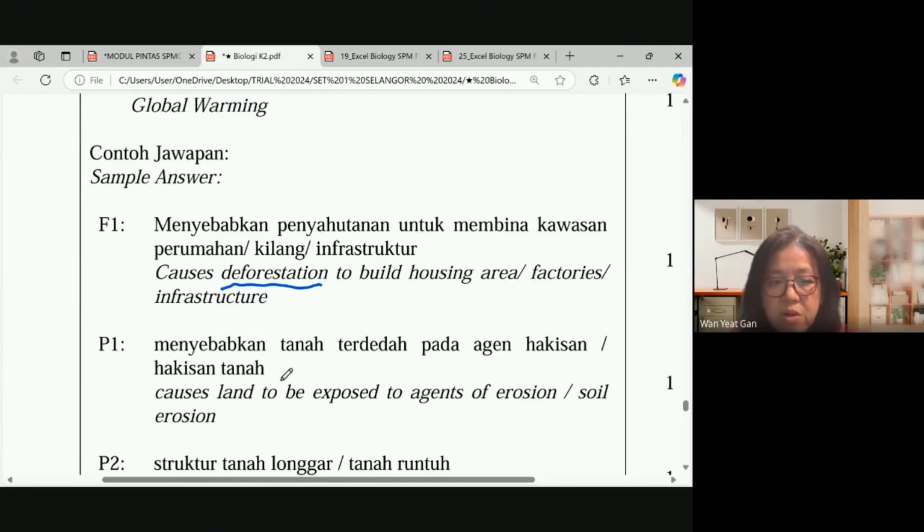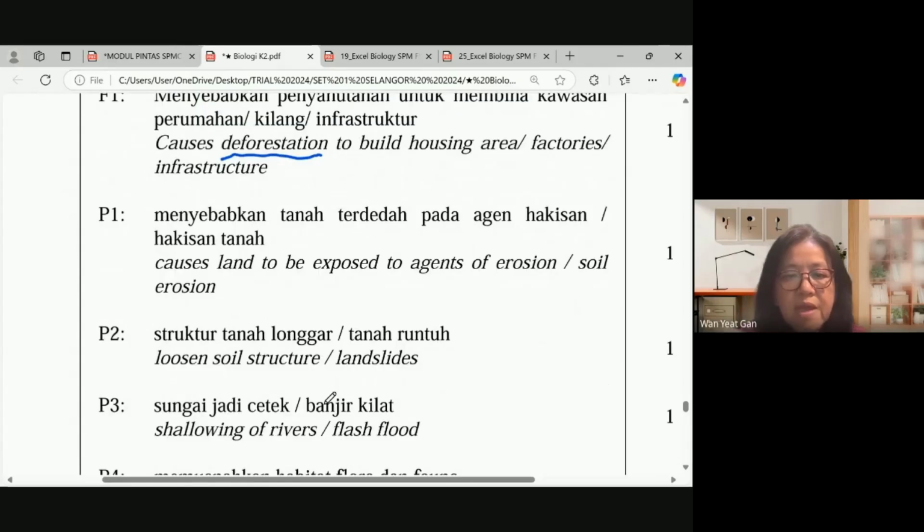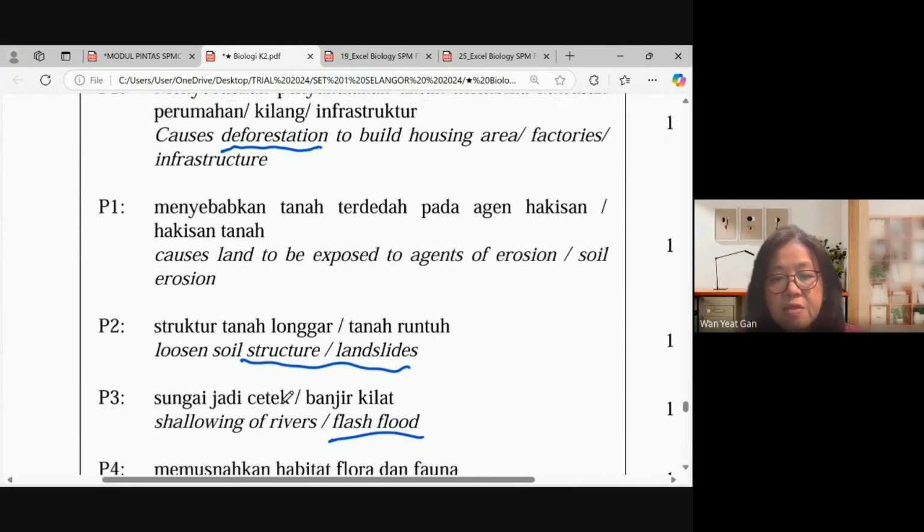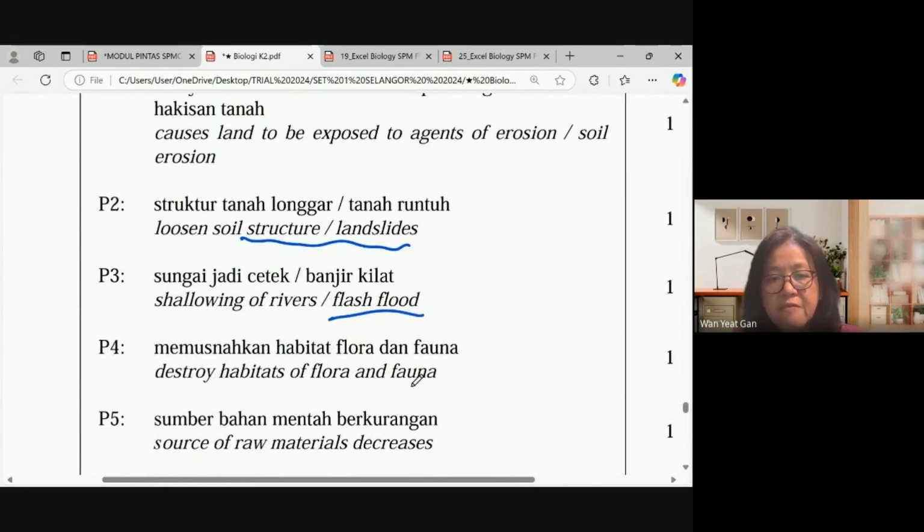So when you cut down trees, we look at the whole aspect of all the impact or effects of deforestation. Once you cut down trees, you are causing the land to be exposed to all kinds of agents of erosion, and this will lead to soil erosion, landslide, and flash flood.